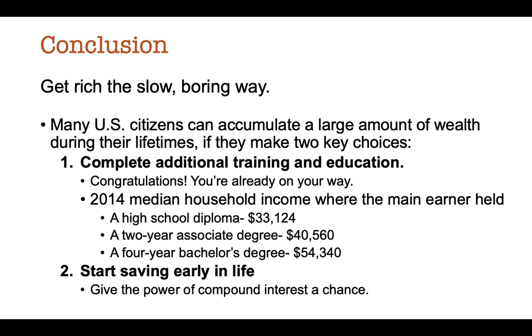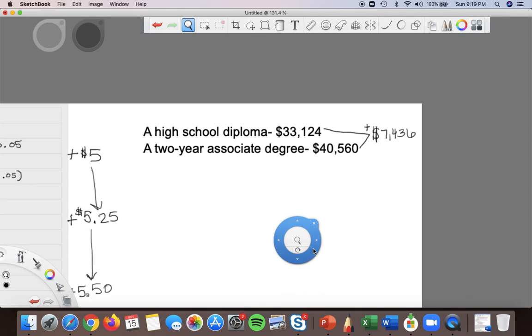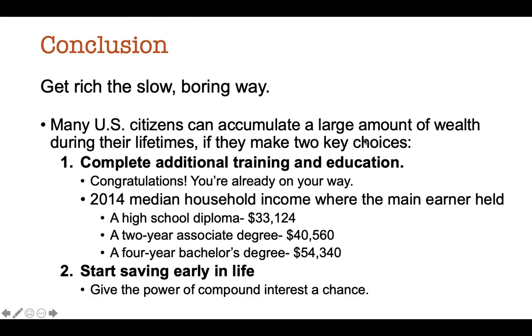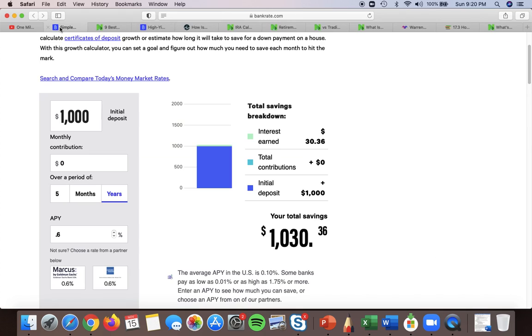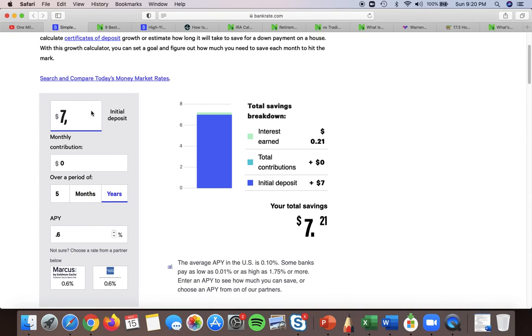The median household income goes up by about $7,436 by completing this degree.